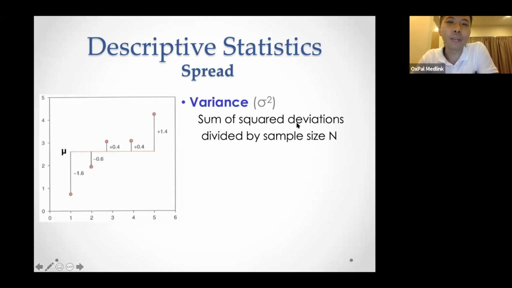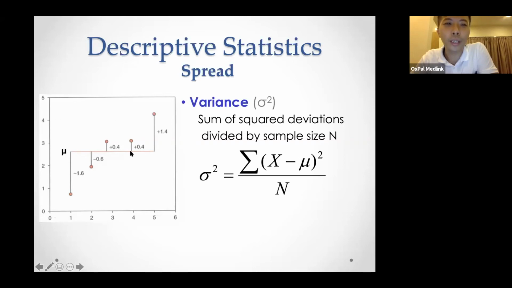I say again, we take all these numbers, 1.4, 0.4, we square them and then we sum these and then we divide it by 5. This is the actual equation. Sigma square is the variance, the sum of the deviations, where x is the actual value of the data. Here it is 4.2 minus mu.